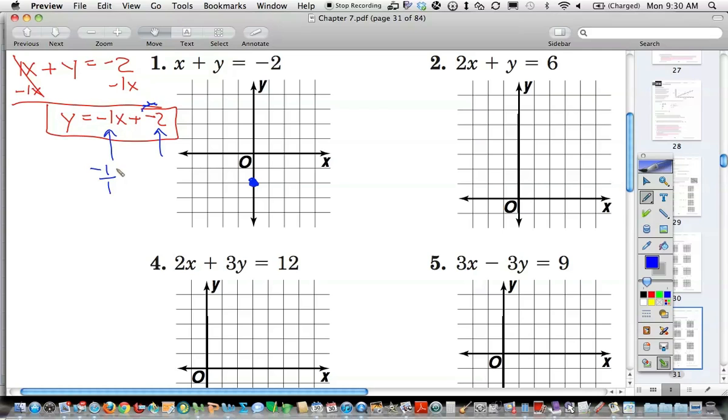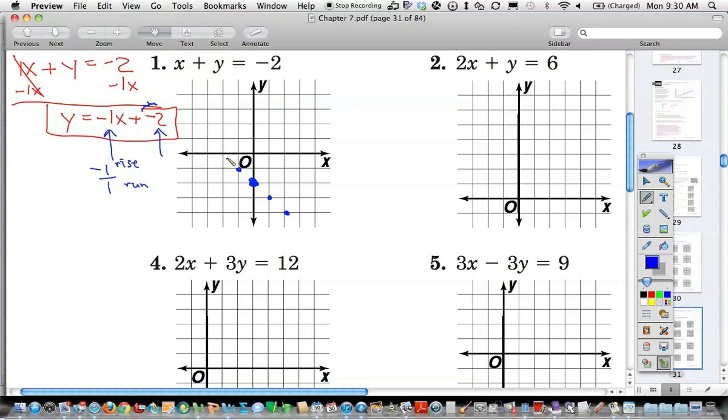We want rise over run, don't we? How do we make negative 1 a fraction? We just do negative 1 over 1. So anytime you got a number in front of the x, it's not a fraction. Just put a 1 under it. So where are we going to go from our starting point? Down 1, right 1. Down 1, right 1. Now you could go backwards to give yourself a few more points.